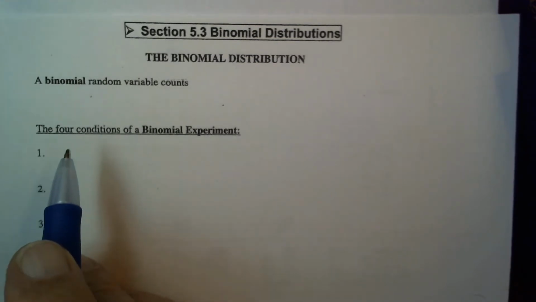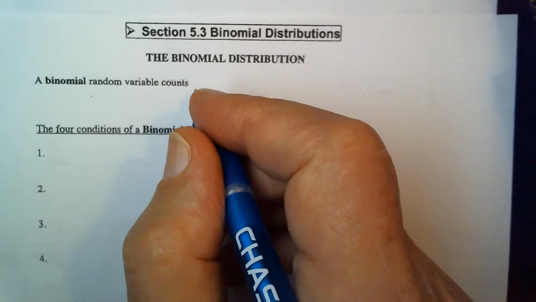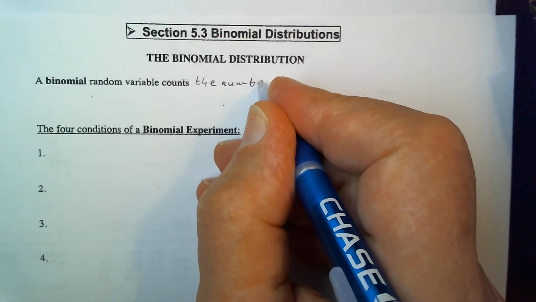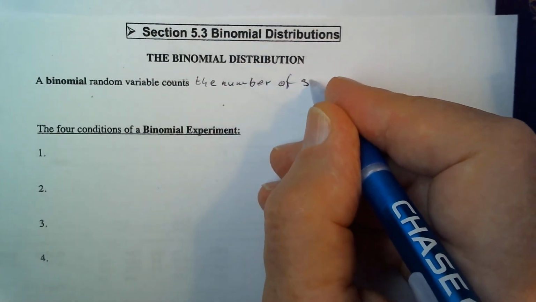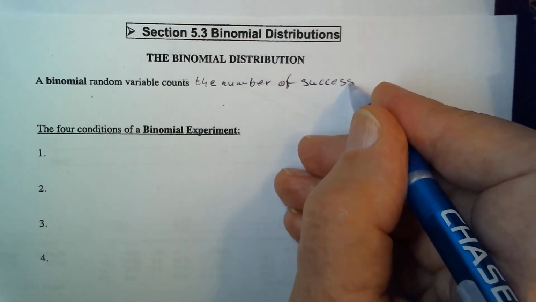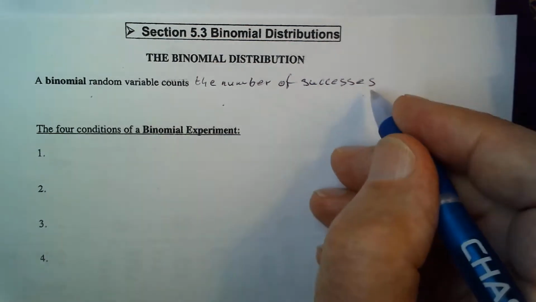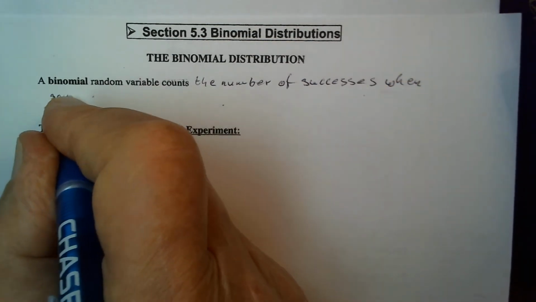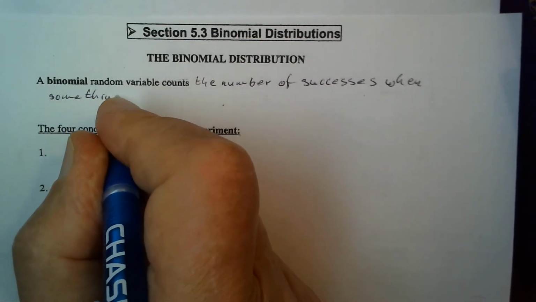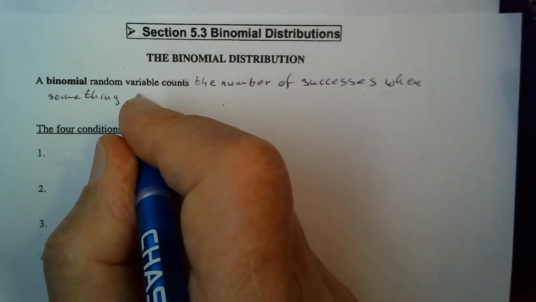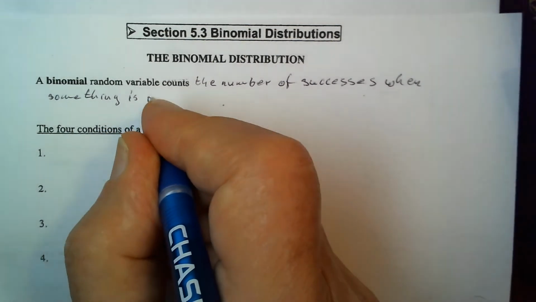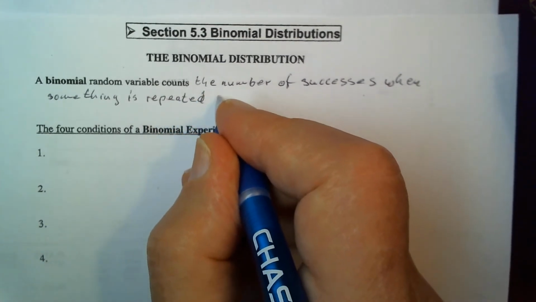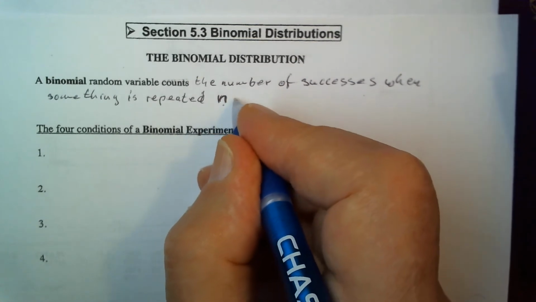A binomial random variable counts the number of successes when something is repeated n times.